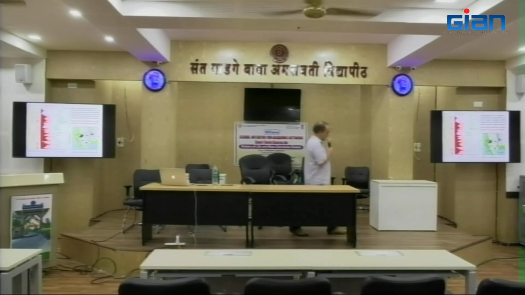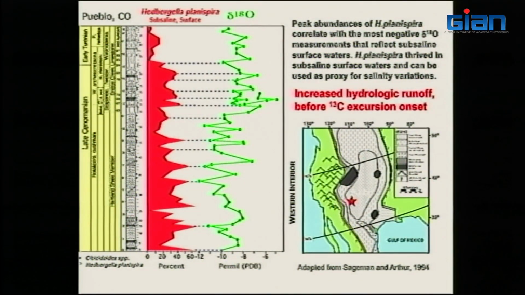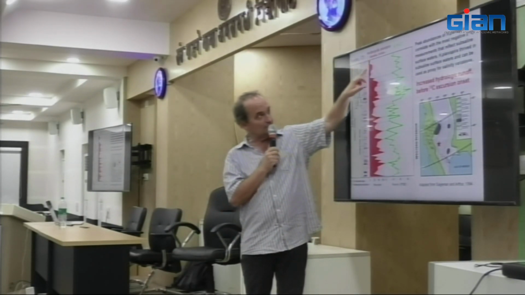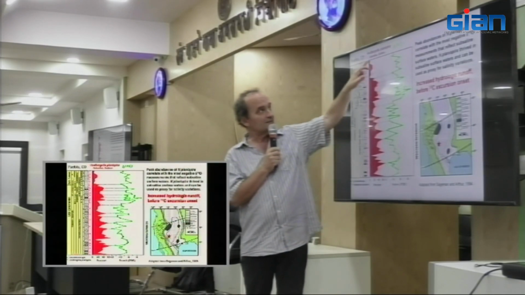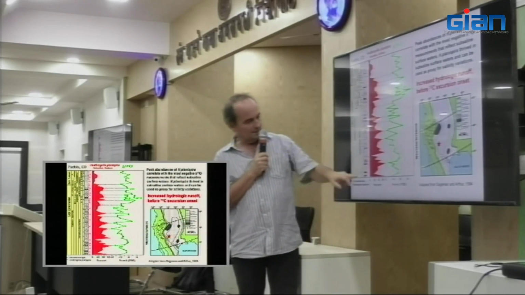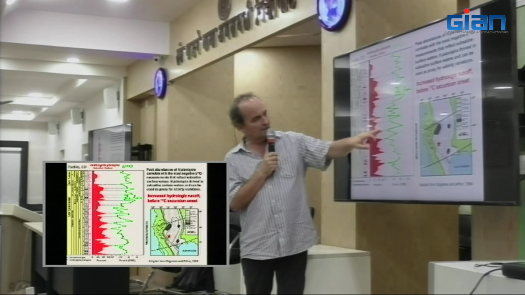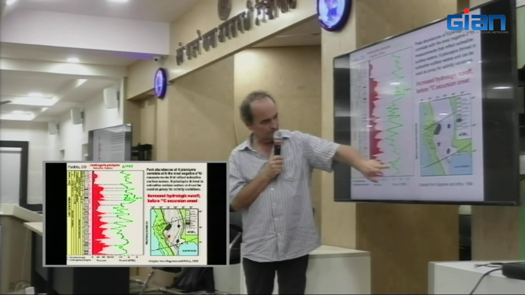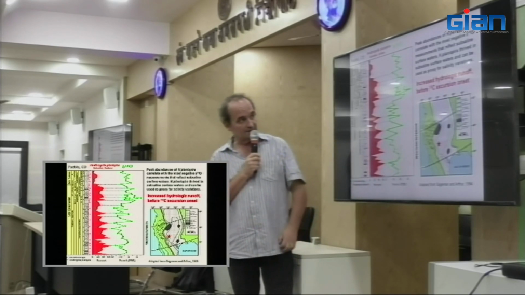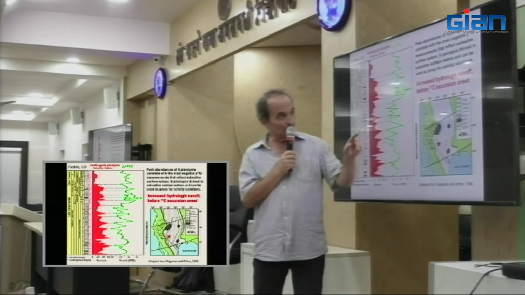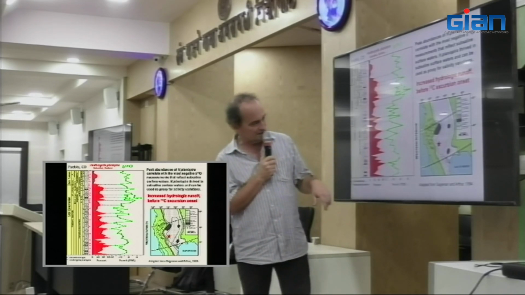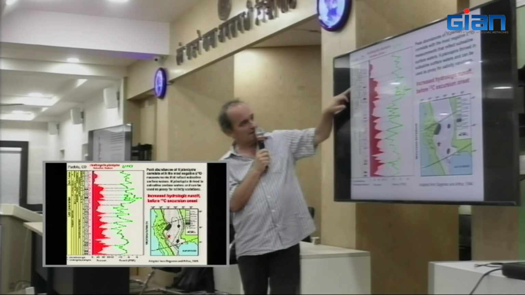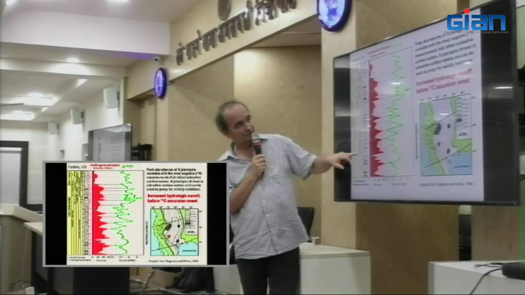You can see here that we have -10.8. And interestingly, these foraminifera, which are typical for, let's say, subsaline water, each time show some peaks when you have mostly freshwater input into this Western Sea. So it's important because the black shale is here, and this is occurring before it.